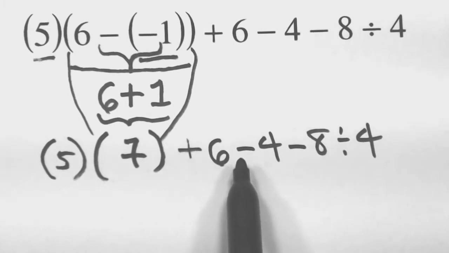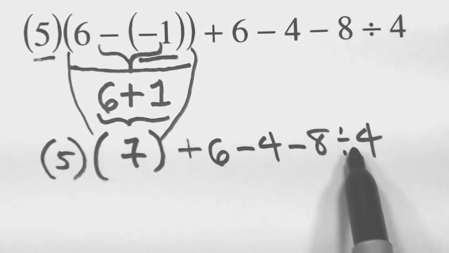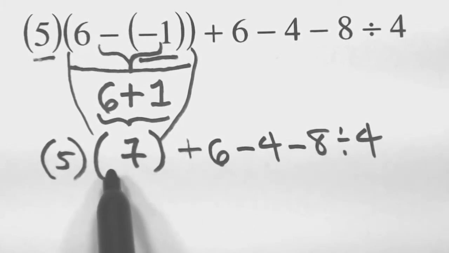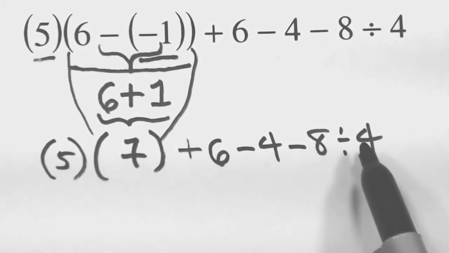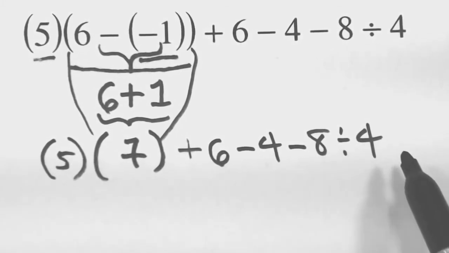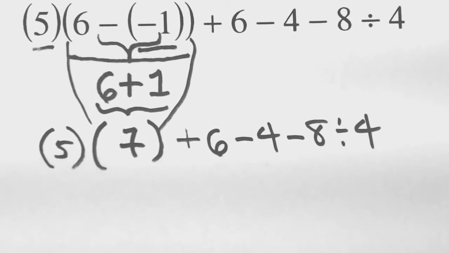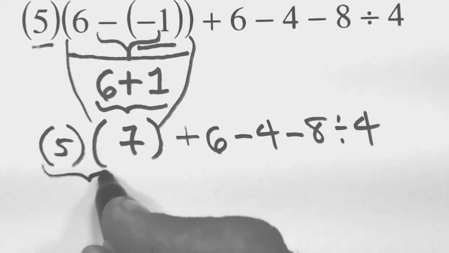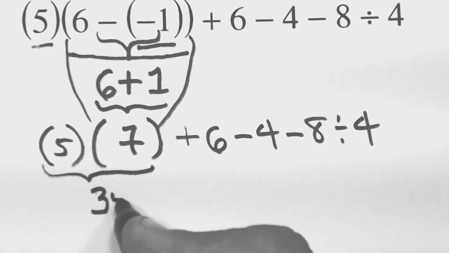Then we have an addition, a subtraction, and a division. Well, okay, the things of highest importance now are the multiply and the divide. And we have to go from left to right. So we do the guy on the left first, which is the 5 times 7, which gives me 35.